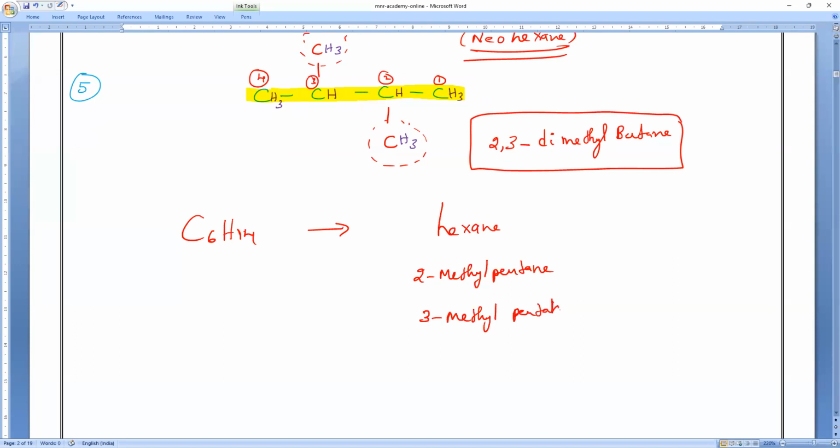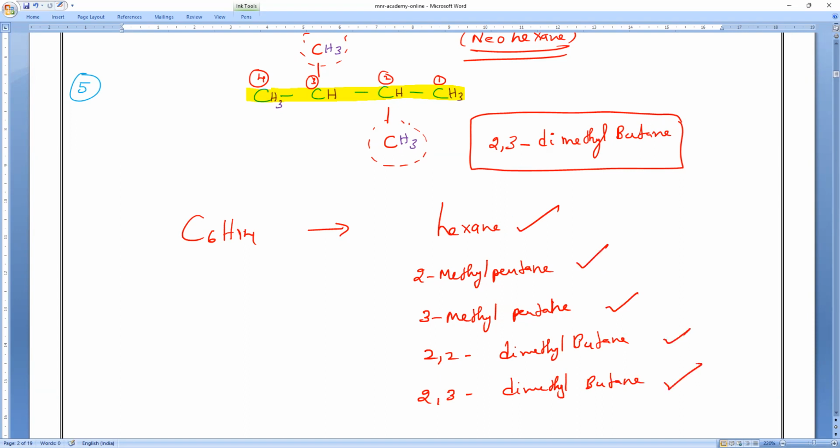Next, 2,2-dimethyl butane. Next, 2,3-dimethyl butane. So these are the 5 isomers of C6H14. Anybody having any doubt, you can ask me.